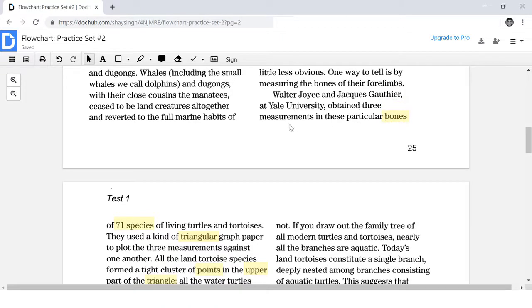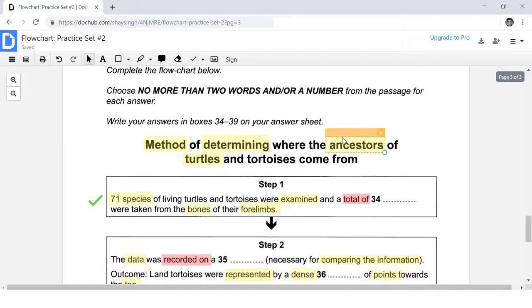Okay? 3 measurements were obtained. It says obtained. That is synonym language for taken. Okay? To take is to obtain. That is synonym language. So a total of 3 measurements were taken, were obtained.